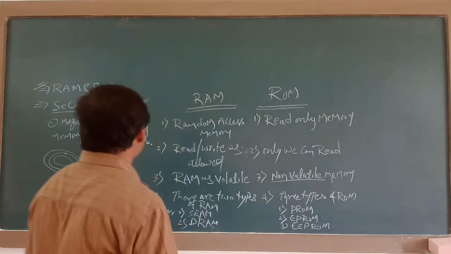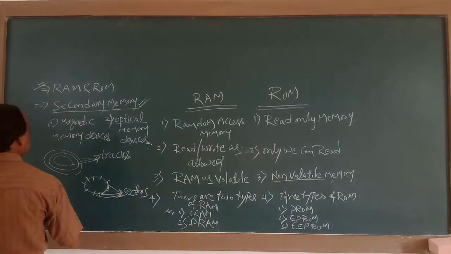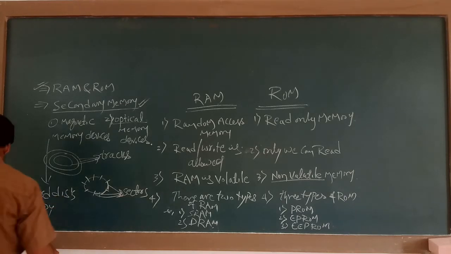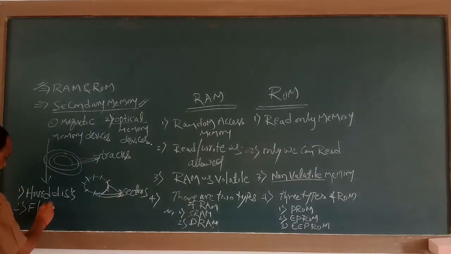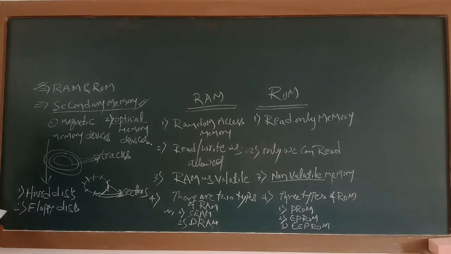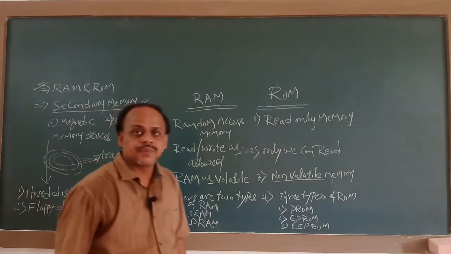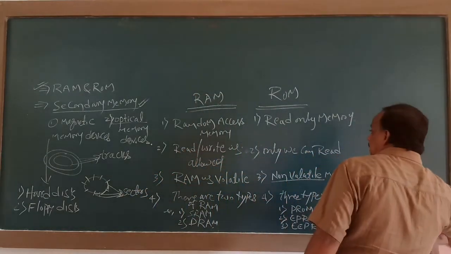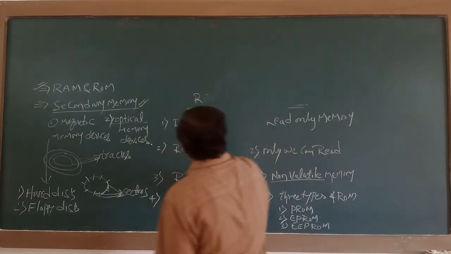These are the examples for magnetic memory devices: hard disk, first one, and floppy disk.